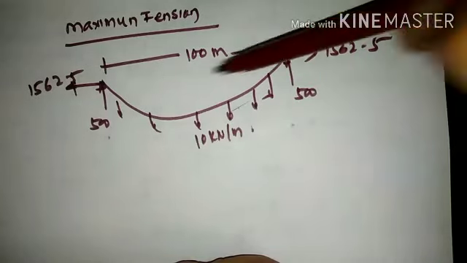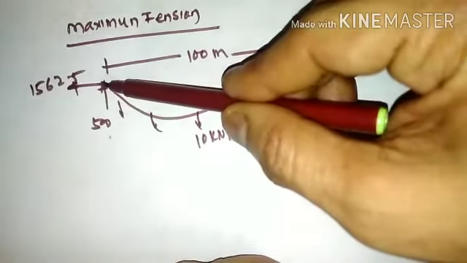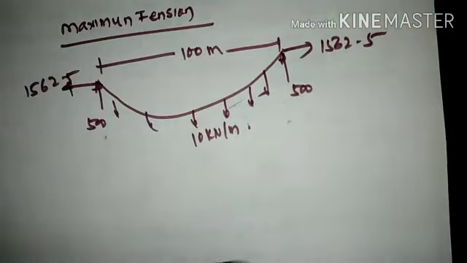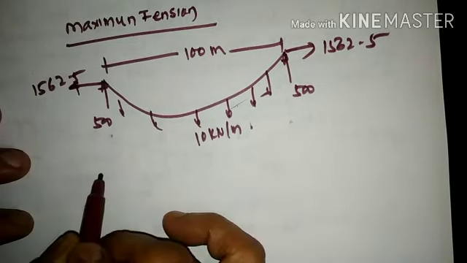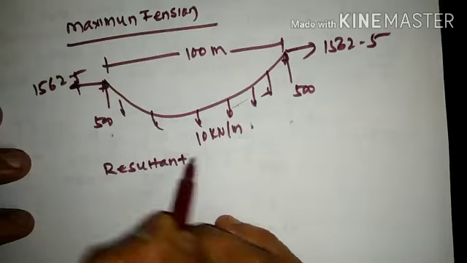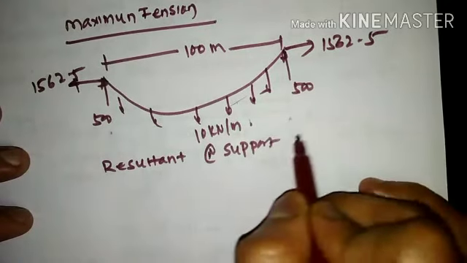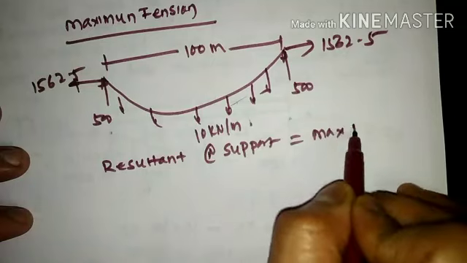So at the support location, the whole load will be subjected. For that reason, the maximum tension will be at this particular junction at the support location. To find that, we need to find the resultant at support. The resultant at support itself will be the maximum tension.